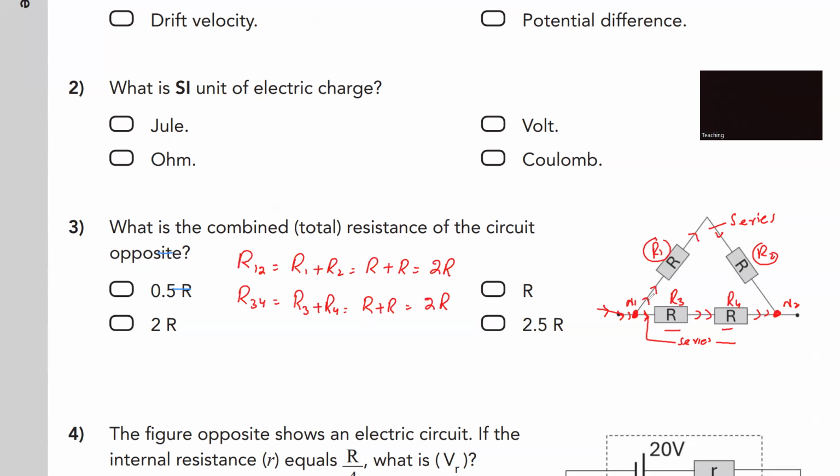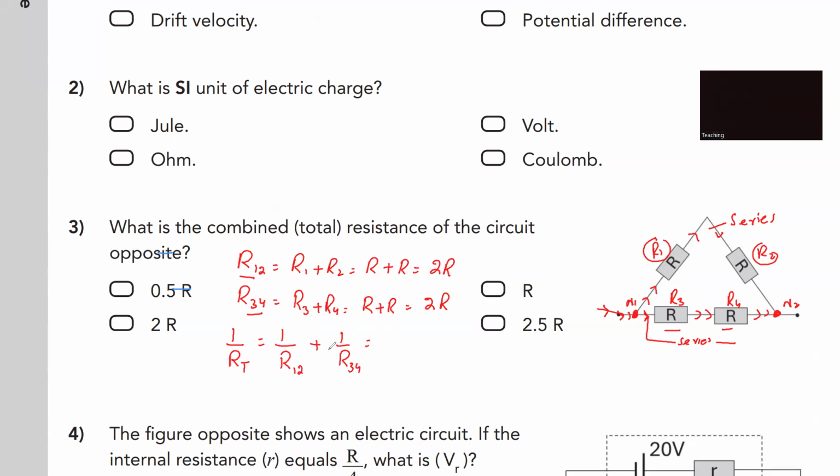Now you can see that R12 and R34 are connected in parallel. So how can we find the total resistance? For a parallel combination, we already know that 1 over R total is equal to 1 over R12 plus 1 over R34.